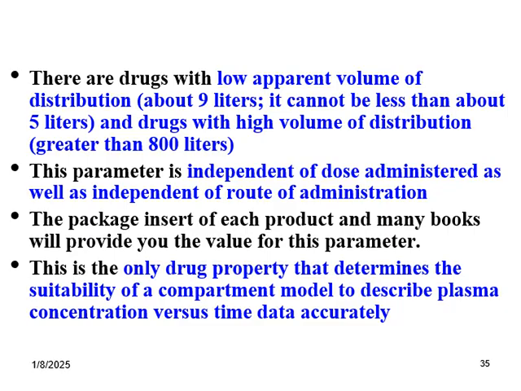And for drug with high volume of distribution, greater than 800 liters. And this parameter is independent of dose administered as well as independent of route of administration. I mean, the apparent volume of distribution. Independent. This sentence is very, very important.